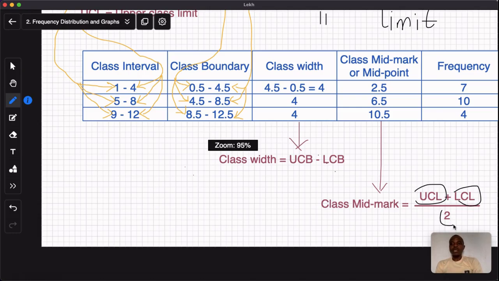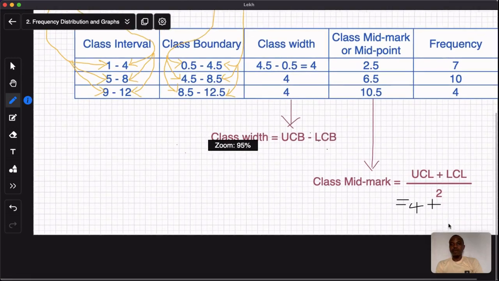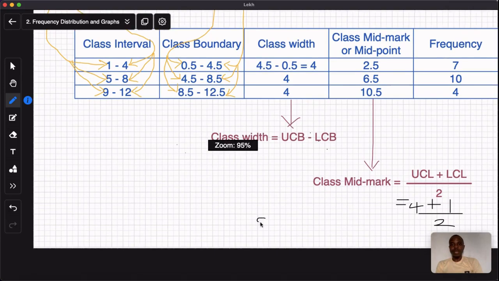Starting from the upper first, that would be 4 plus 1 divided by 2. For the next class, it would be 8 plus 5 divided by 2.